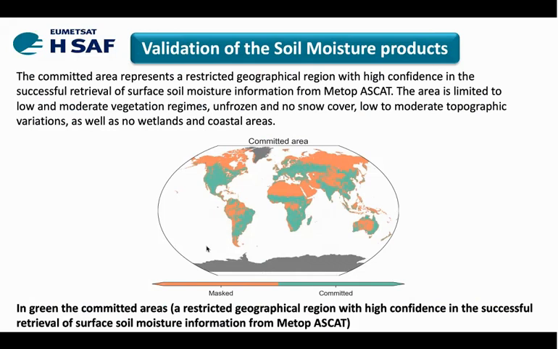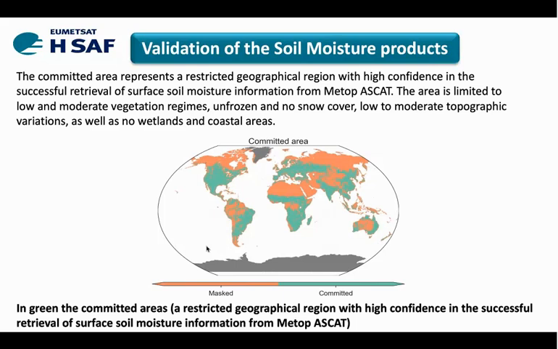Of course, we validate also the other products, in particular the soil moisture product. For the soil moisture, there is a committed area, and this represents a restricted geographical region where we are confident in the successful retrieval of surface soil moisture. For example, the desert is a part where we have problems, or the coast is another part.